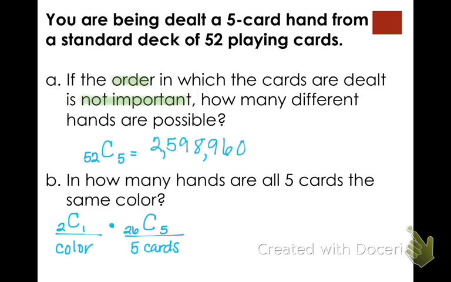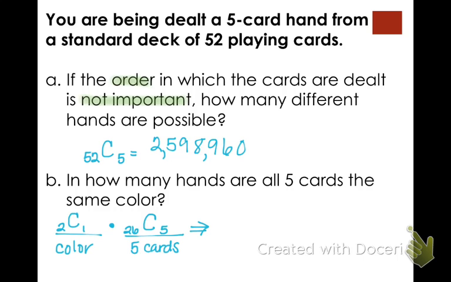There's 26 red cards that I then get to pick my 5 cards from. I can't pick from the black cards because then the colors wouldn't match. Or I could choose black. Well, there's still 26 black cards that I could choose from. I cannot choose from the red cards because they wouldn't all match. So now we get out our calculators and we work all of this out.